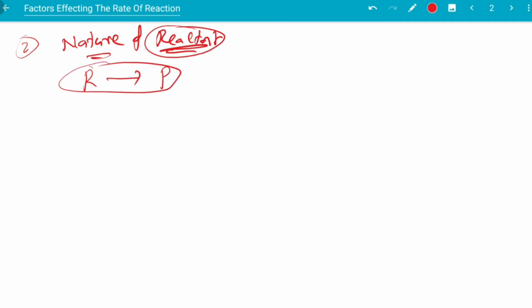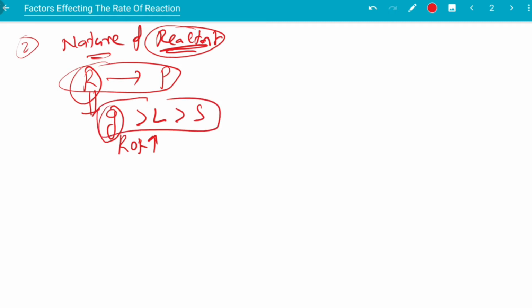If the reactant is in the gaseous state, its rate of reaction will be more compared with the liquid state and then the solid state. A reactant in the gaseous state has more velocity and kinetic energy, so its rate of reaction increases.